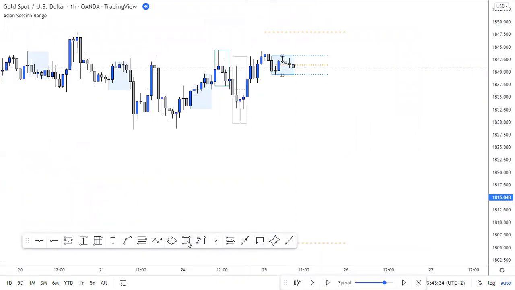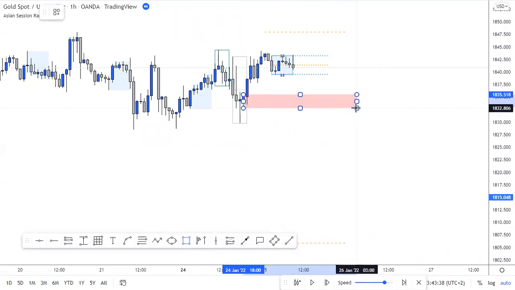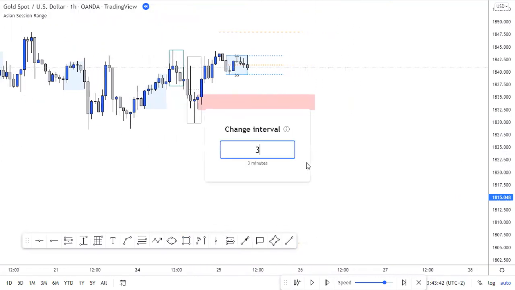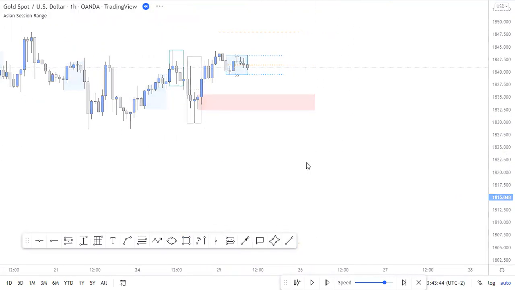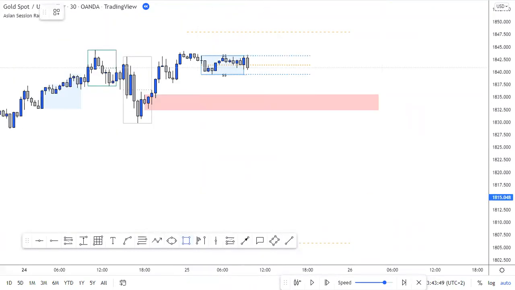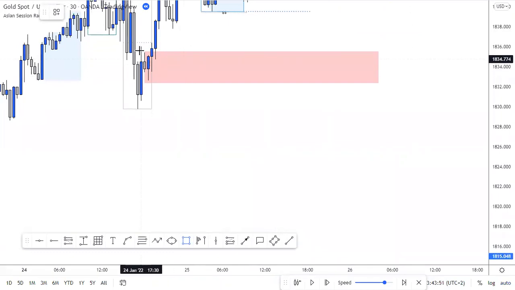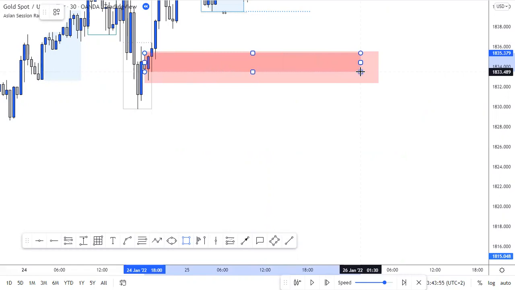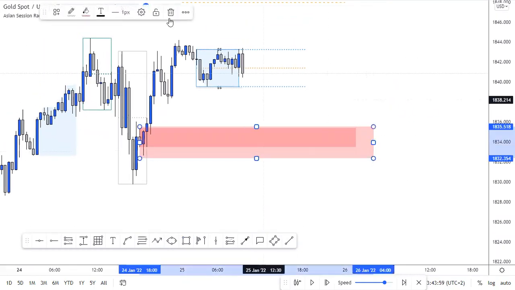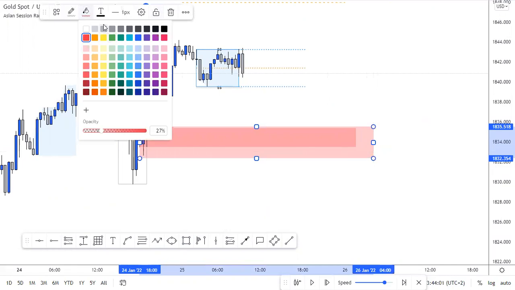I'll take this price, but I'll still try to refine it. And about my refinement, it's going to go like this. So this is our 1-hour order block.